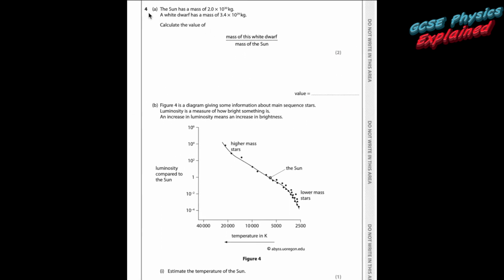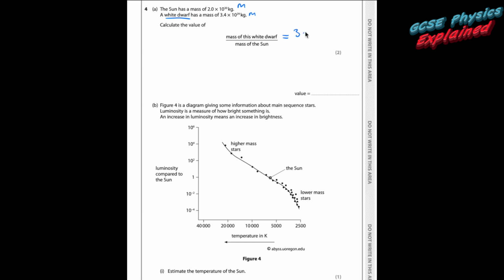Question 4, Part A. The Sun has a mass of 2 times 10 to the 30 kilograms. A white dwarf has a mass of 3.4 times 10 to the 29 kilograms. Calculate the value of the mass of this white dwarf divided by the mass of the Sun. So you just need to pop the numbers in, it's as simple as that.